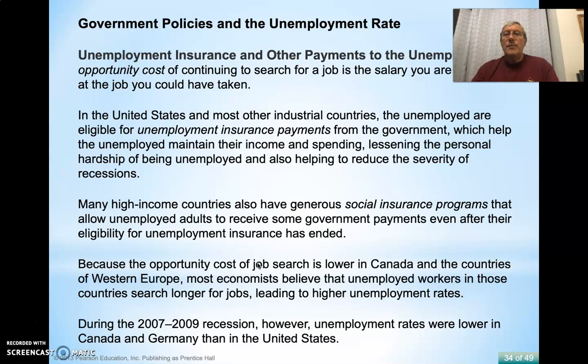Different countries have different insurance programs, and the same countries have different insurance programs over time. We may choose to lengthen the period of time that somebody gets unemployment insurance because times are really tough, and we may shorten it to encourage people to look for a job a little bit faster.